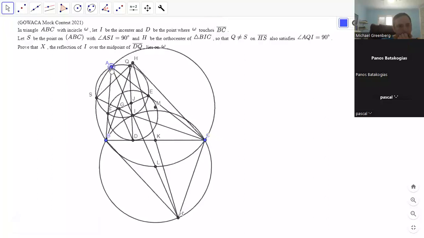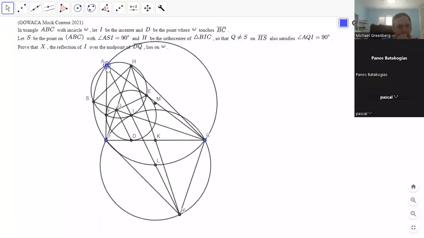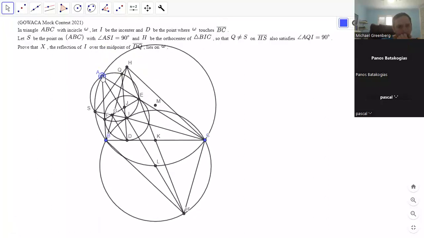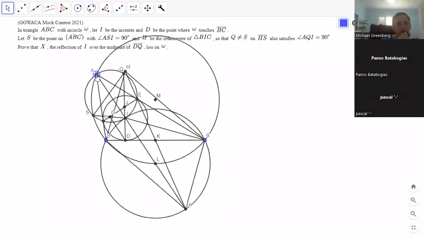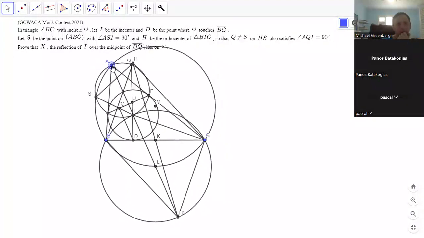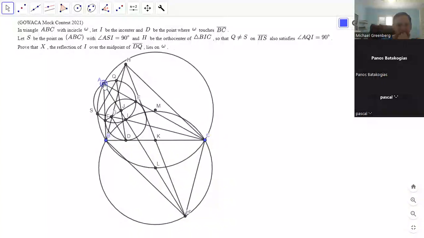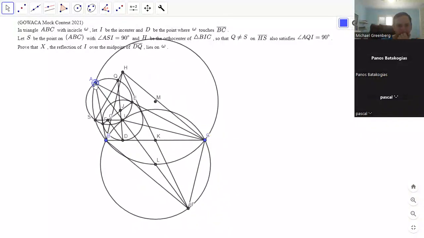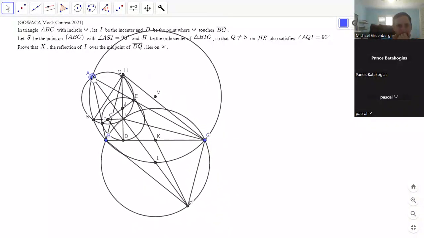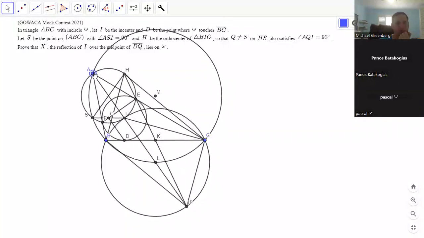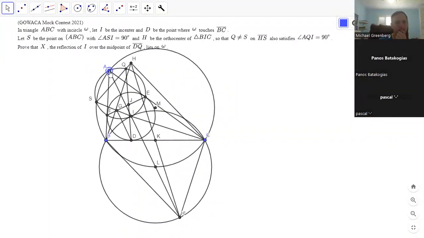Oh, the way I drew it, Q has to lie on this segment. Okay, so we just can't assume that it lies on EF.